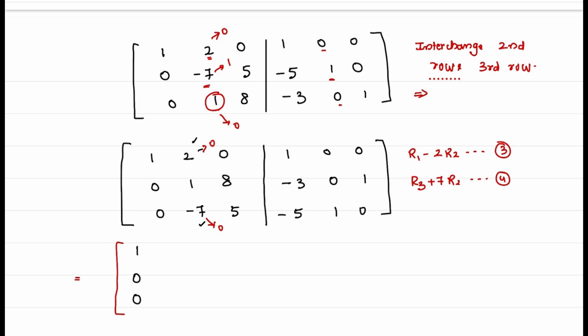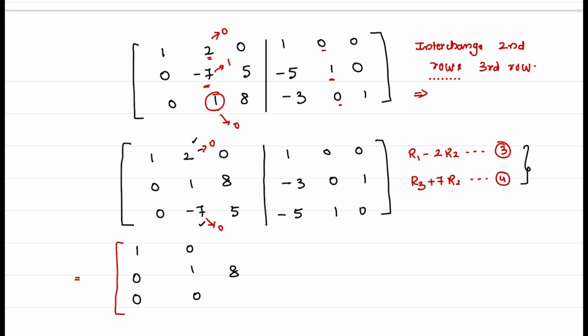You see, R1 minus 2R2. R1, 1 minus 0 into 2. That is not going to change the first column. In the second column, 2 minus 1 into 2, that becomes 0. R3, minus 7 plus 7R2, that is minus 7 plus 7 into 1, which becomes 0, because with that intention only we formulated this. You put directly 0, 0. Now the only change will be in the third column. What is that change? R1 minus 2R2.